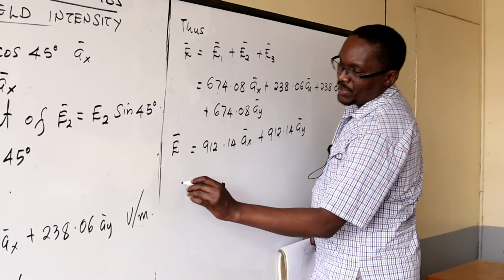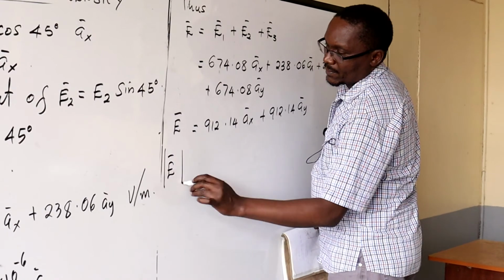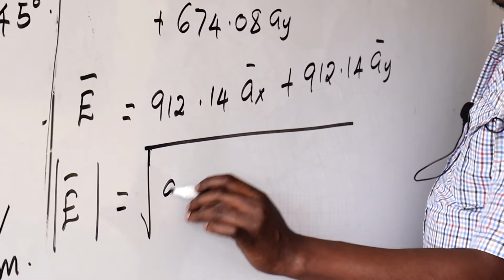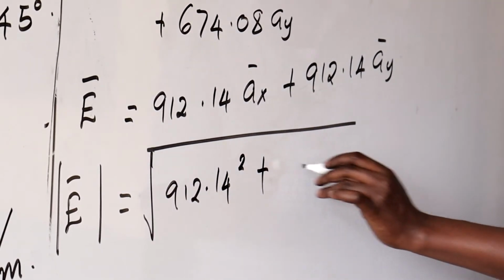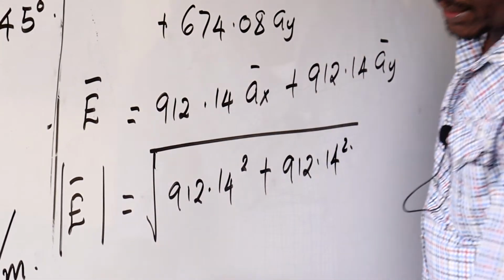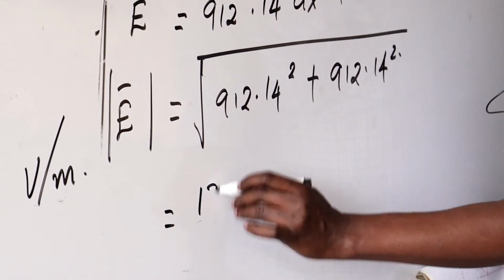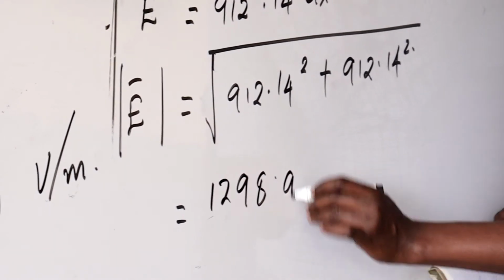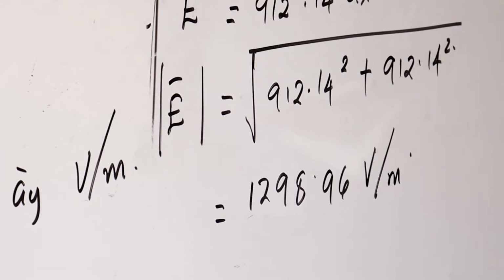Now for me to get my magnitude of E bar, I need to compute the square root of 912.14 squared plus 912.14 squared, and that will give me 1289.96 volts per meter. That is what we are going to get.